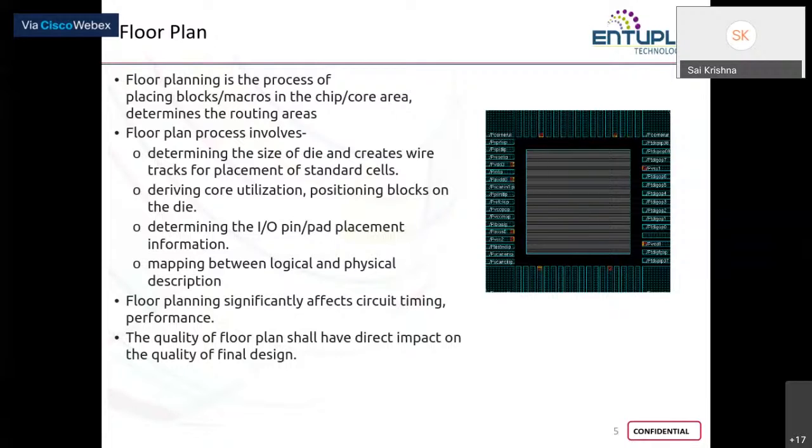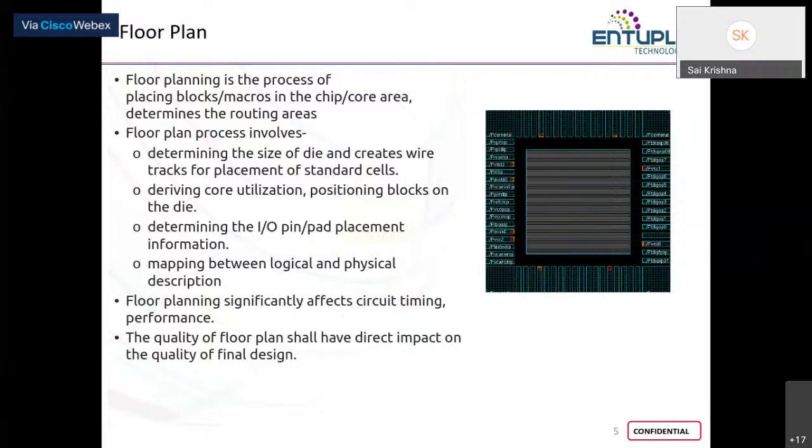Getting the wiring done is nothing but your routing. Making sure everything is proper and exactly as intended is your physical verification. And then the final aspect is your GDS creation and tape out. I hope the example is clear. So let's get into details for each stage.